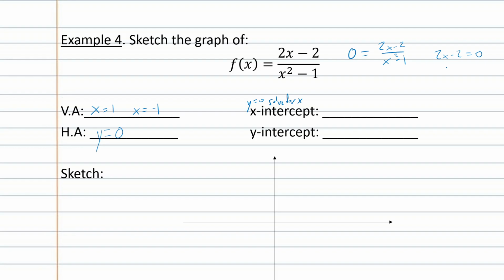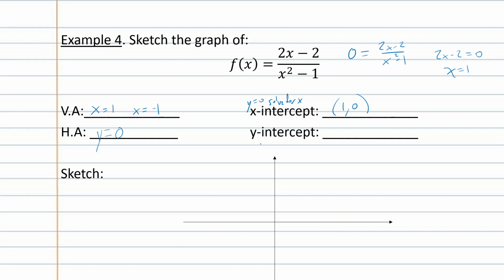If we solve for x through this, what we wind up seeing is that x equals 1. So it wants us to believe that we have an x-intercept at 1, 0. You can see that this might kind of be an issue because we have a vertical asymptote there. So maybe we don't have an x-intercept.